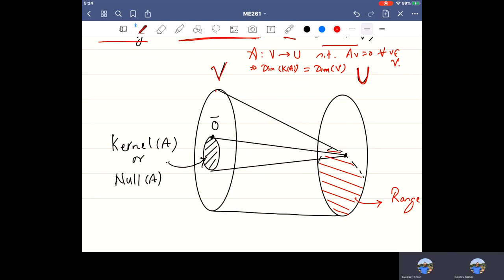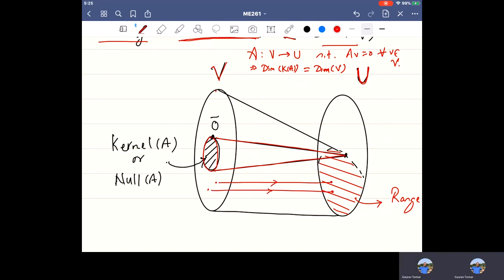Now, what is the kernel space? The kernel space is a subspace which maps everything to 0, and away from it, all the vectors get mapped to some vector in U, correct?